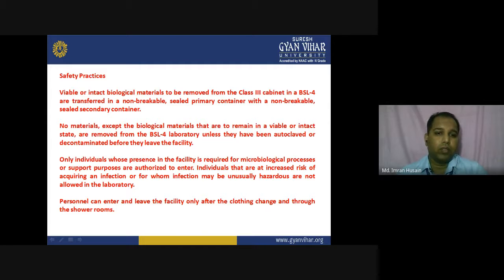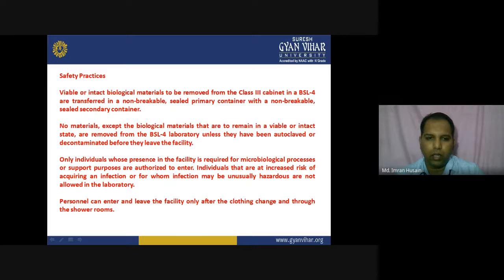Only individuals whose presence in the facility is required for microbiological processes or support purposes are authorized to enter. Individuals who are at risk of acquiring an infection, or for whom infection may be unusually hazardous, are not allowed in the laboratory.